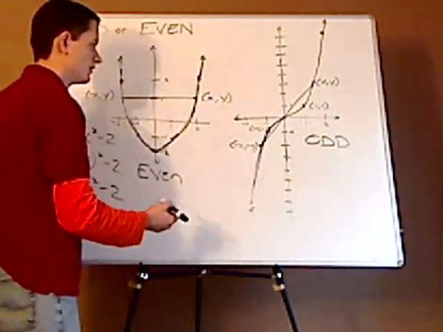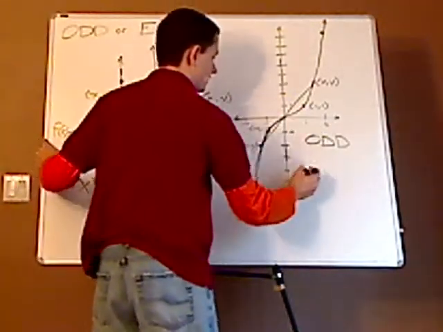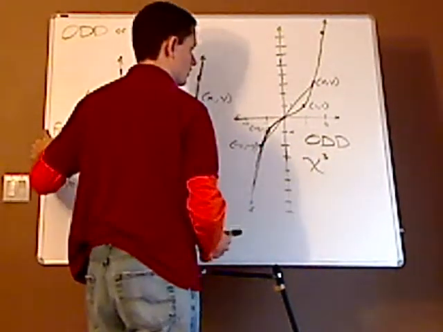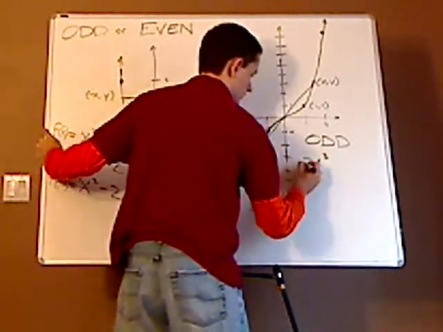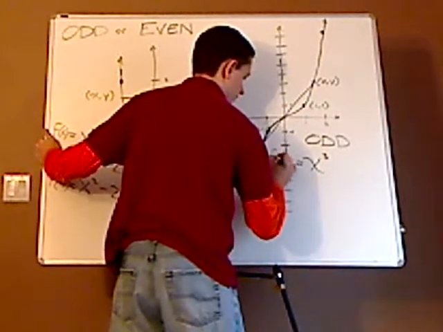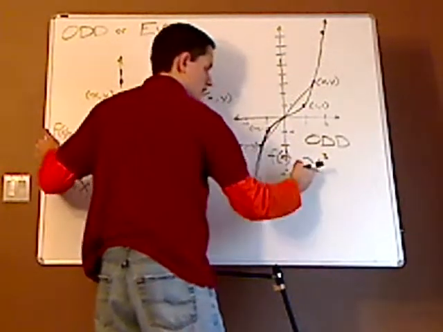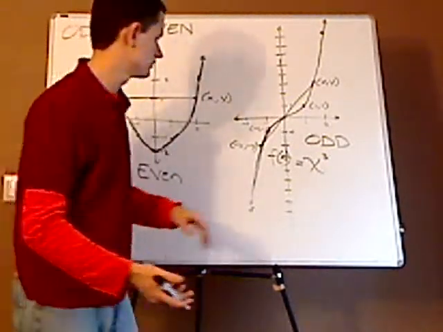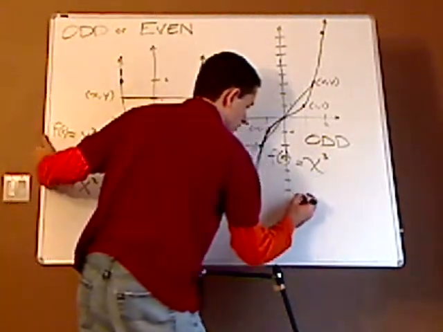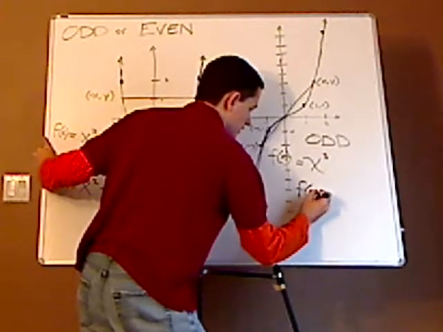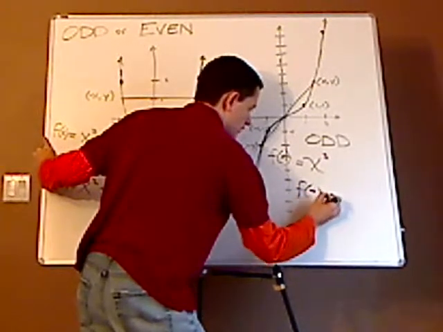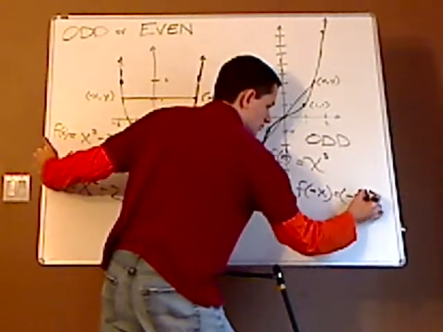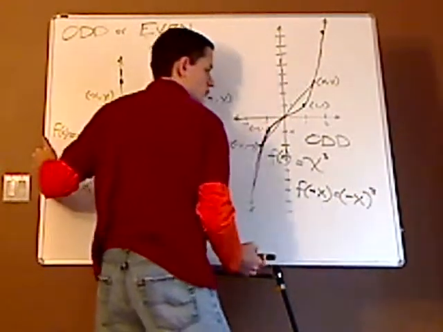Now determine whether it's an odd function. This graph right here is x cubed. So I have f of x equals x cubed. If I plug in a negative x into this, I get f of negative x equals negative x cubed.